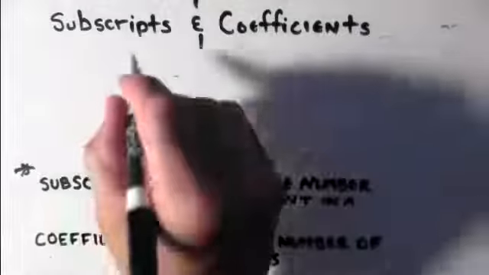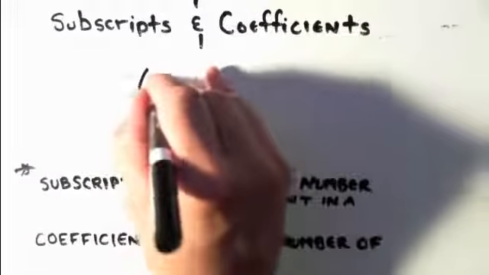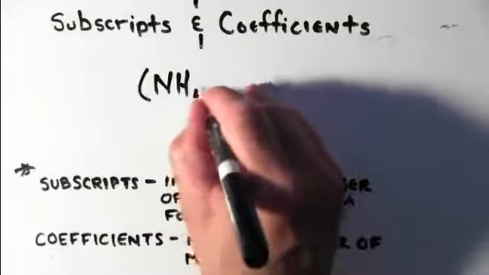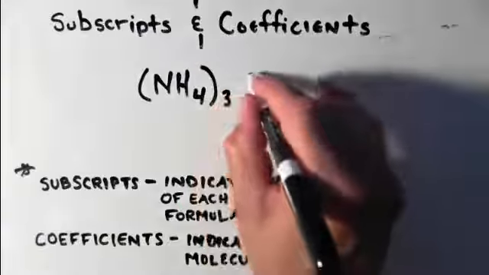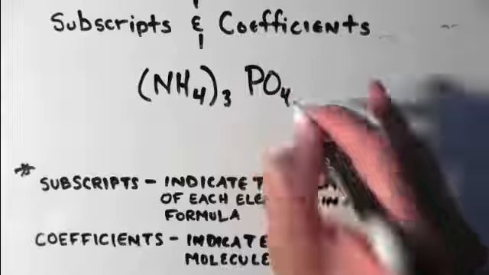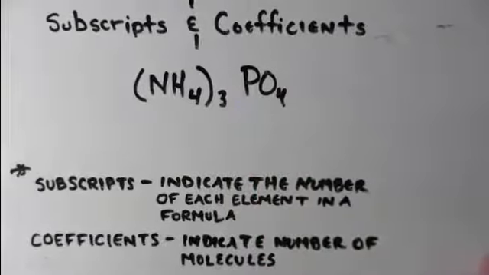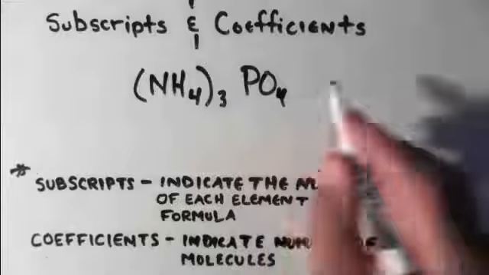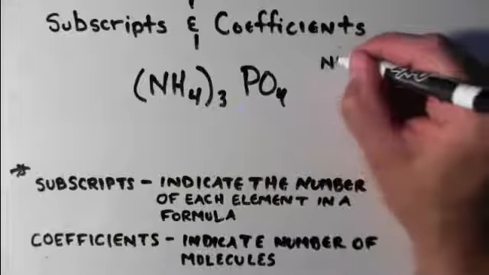What if we had ammonium phosphate? Okay, let's see. The inventory of this is ammonium phosphate. I have nitrogen present.